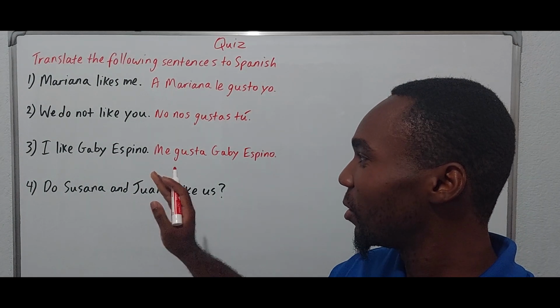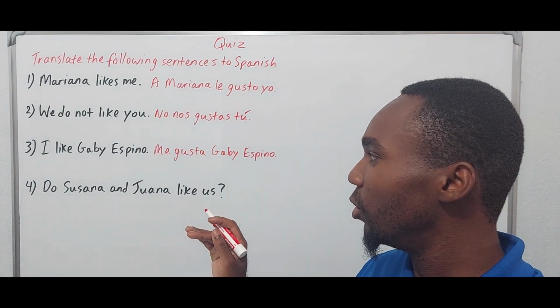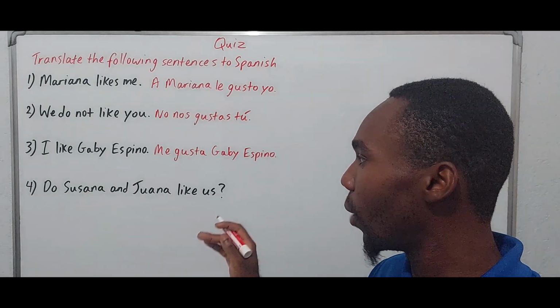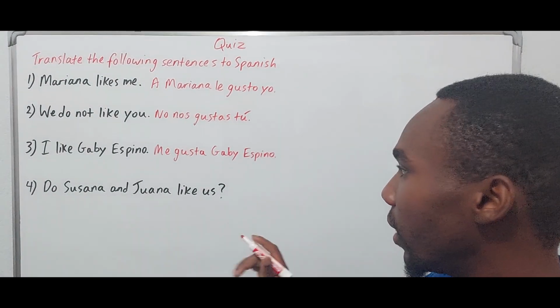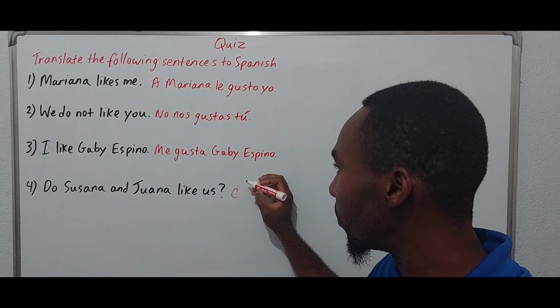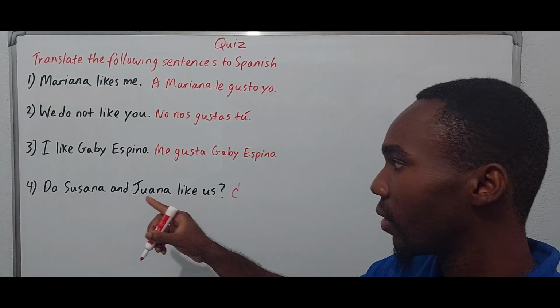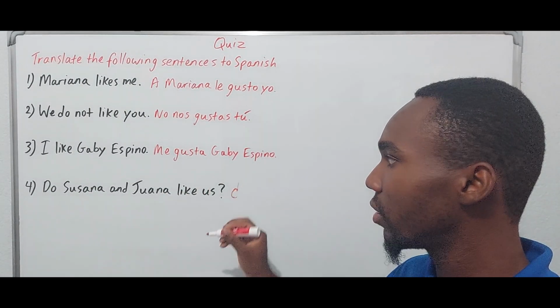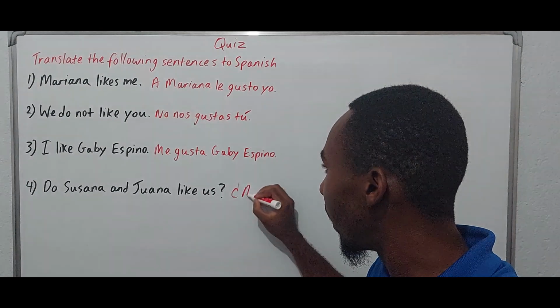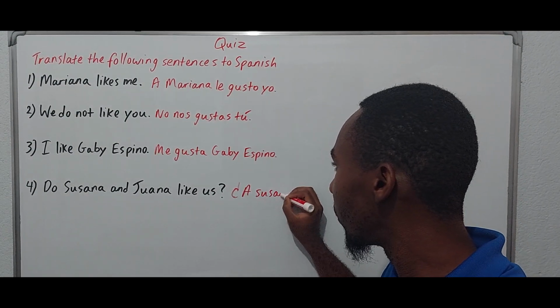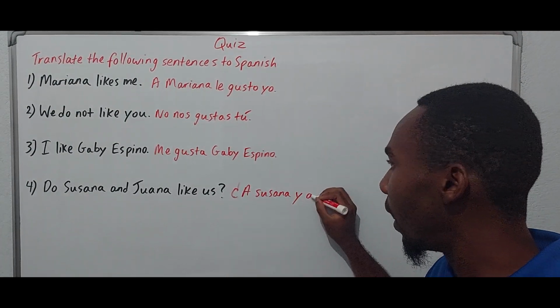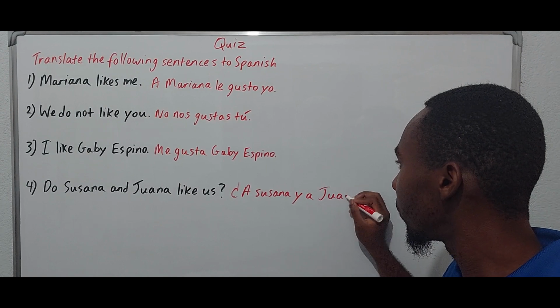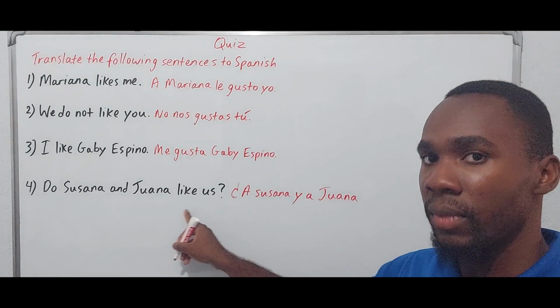Ok. Four. Do Susana and Juana like us? Okay. So we use the question marks. So, a Susana y a Juana. Us.